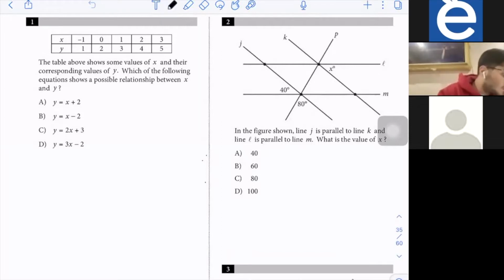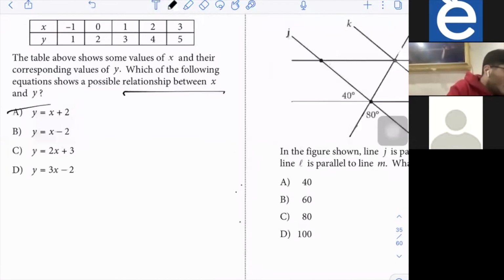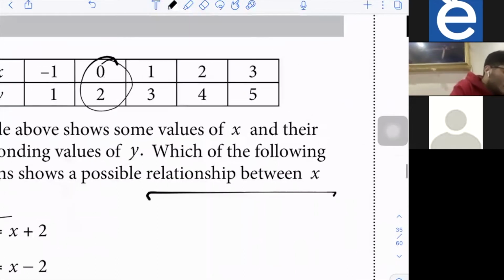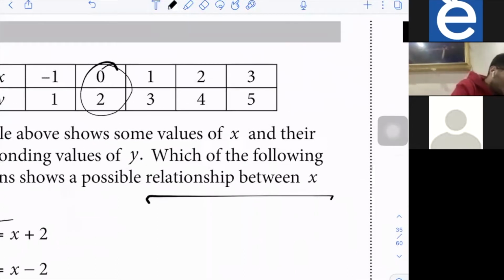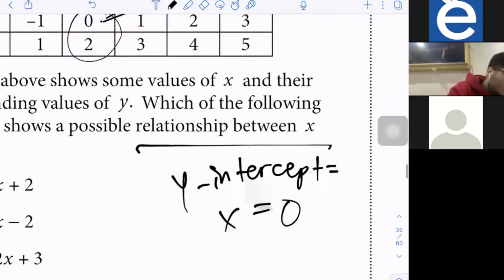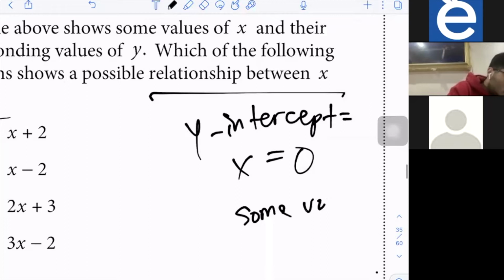The table above shows some values of x and their corresponding values of y. Which of the following equations shows a possible relationship between x and y? The way I would approach this question is by looking at the y-intercept. The y-intercept is where x is equal to 0, and then there's some value of y.